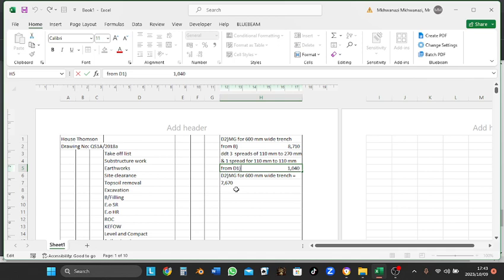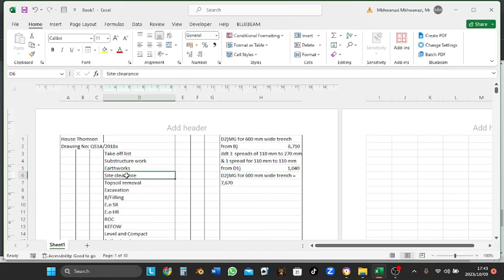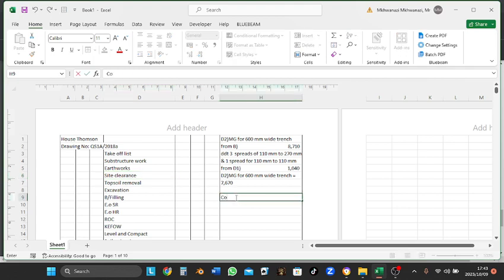For excavation and the walls, I think with this collection we can start with our earthworks, where we can do our site clearance. That collection is easy. Let me just do the collection for site clearance.